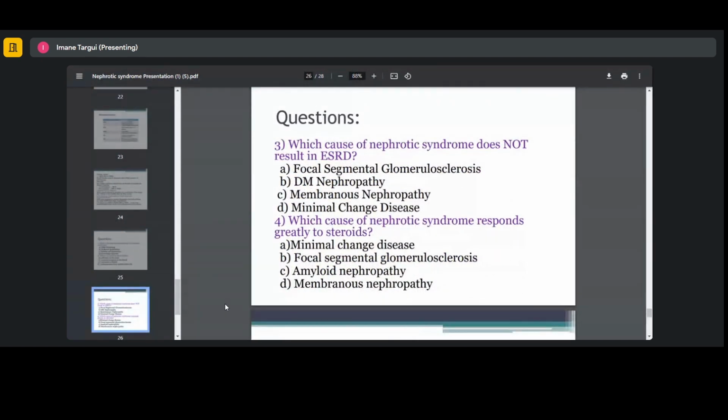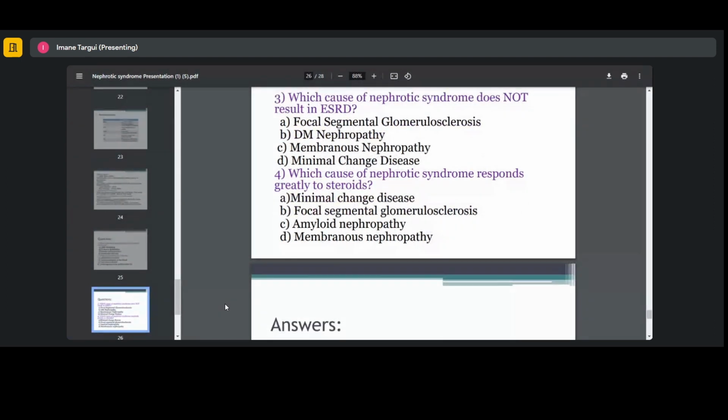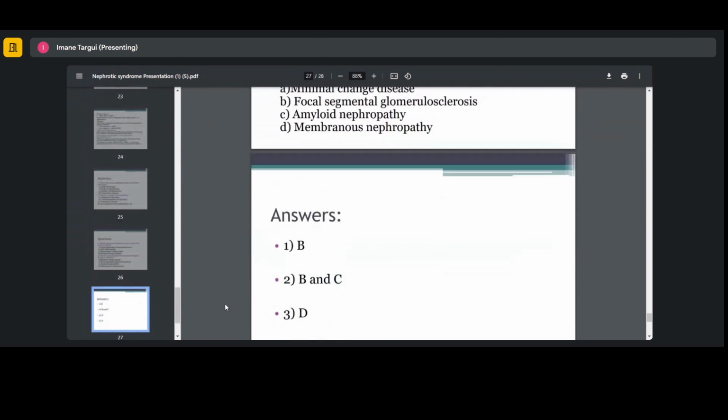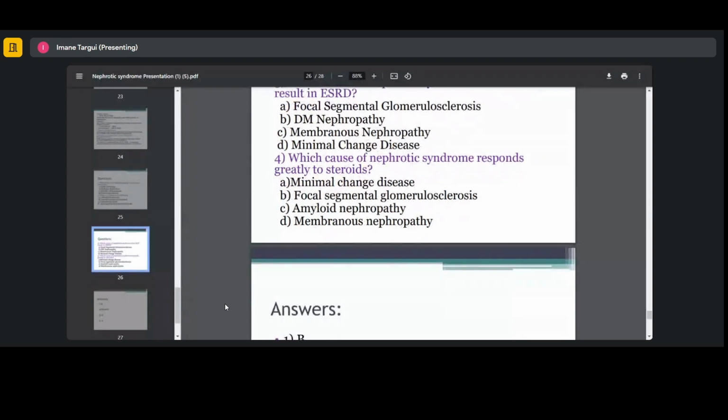Third: which cause of nephrotic syndrome does not result in ESRD? We have three choices: focal segmental glomerulosclerosis, diabetic nephropathy. It's more likely D. And the fourth one: which cause of nephrotic syndrome responds greatly to steroids is minimal change disease, which is idiopathic and more common in children, and they have a good response to steroids.